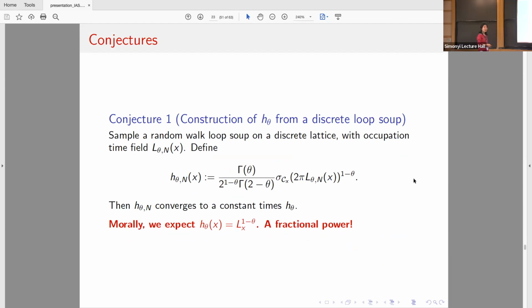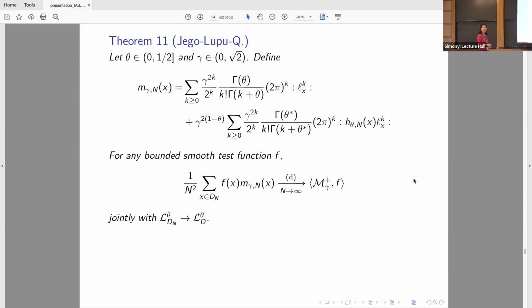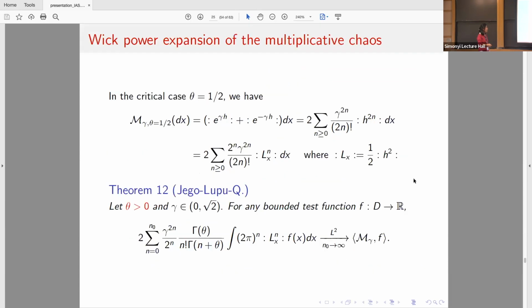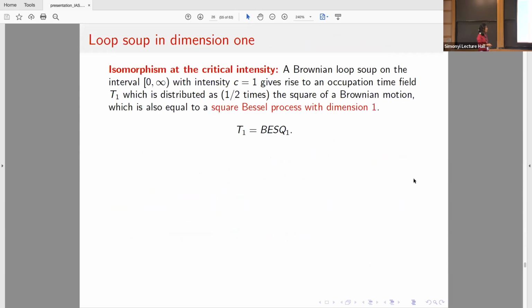And now I guess I still have 10 minutes. So now let me go to some easier case where things become more intuitive, and you can see better why this isomorphism works for that fractional power.